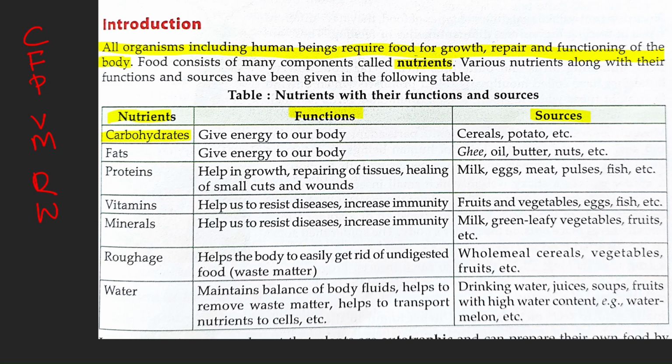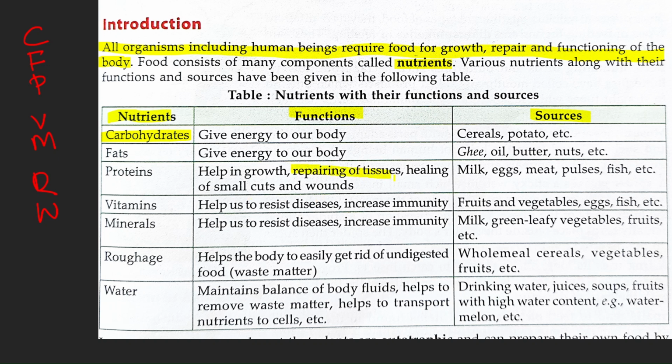Carbohydrates give energy to our body: cereals, potato, etc. Fats give energy to our body: the oily stuff, ghee, oil, butter, nuts, etc. Proteins help in growth, very important, all of the MCQs they will ask this: help in growth, repair of tissue, healing of small cuts and wounds.